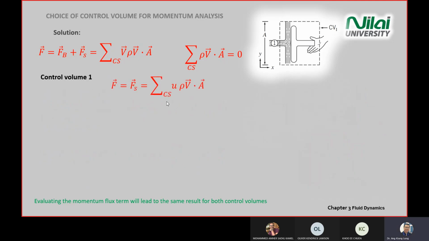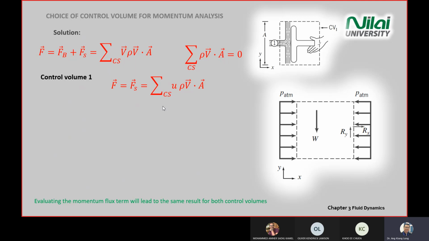Okay, so we continue with the calculation. We reduce the equation on the top here to this form after we apply the assumptions we have in the previous slides. Because we focus on the x direction with the u term here, there's no body force there.